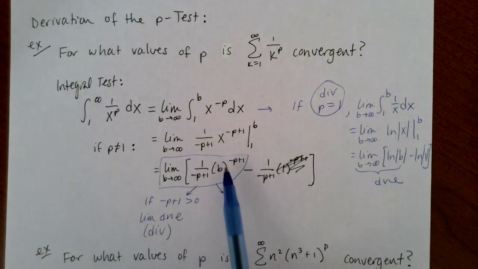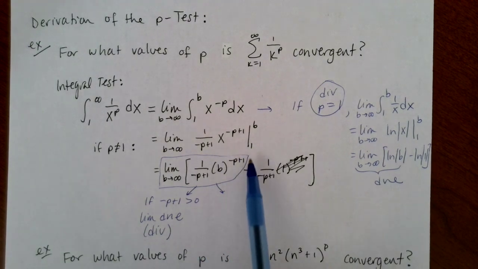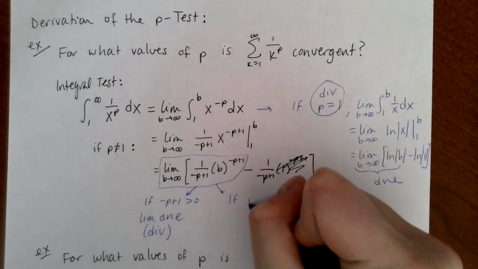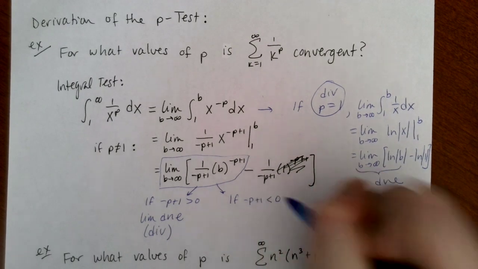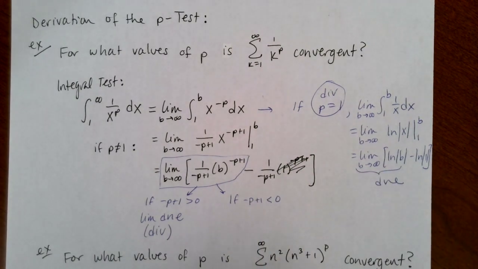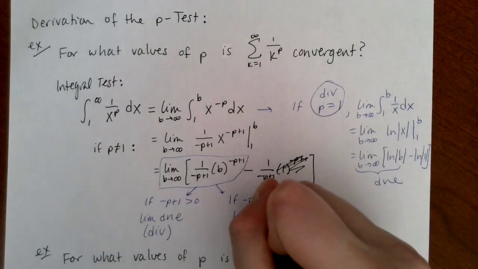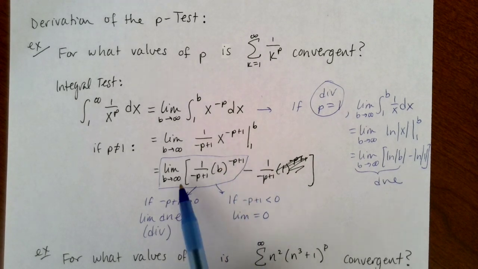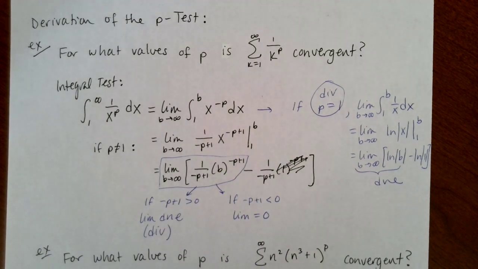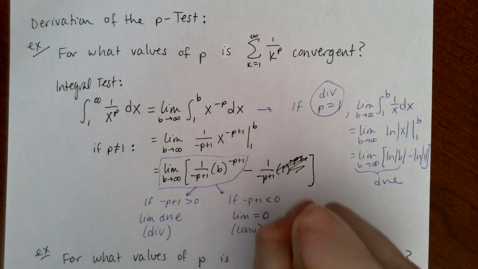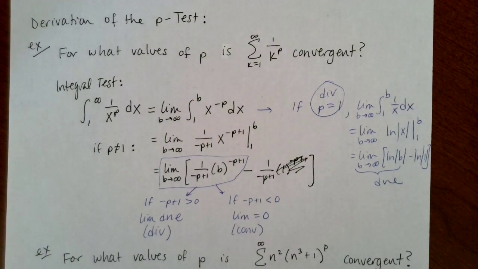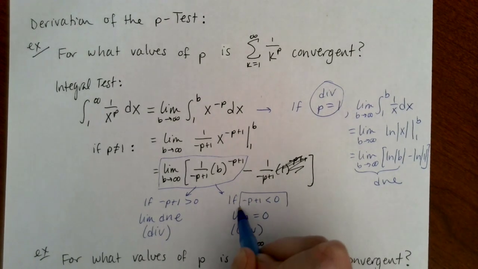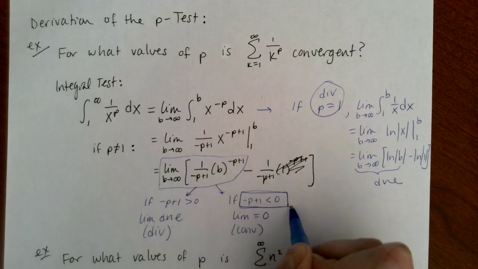But if this is a negative exponent, right, like b to the negative 2, negative 3, that's really a denominator. So if negative p plus 1 is negative, less than 0, then this limit equals 0, because you have like 1 over b squared, 1 over b cubed as b gets very, very large. So this would put us in the convergent scenario. So this negative p plus 1 less than 0 is the key to the whole thing. We're only going to be convergent if this is true.